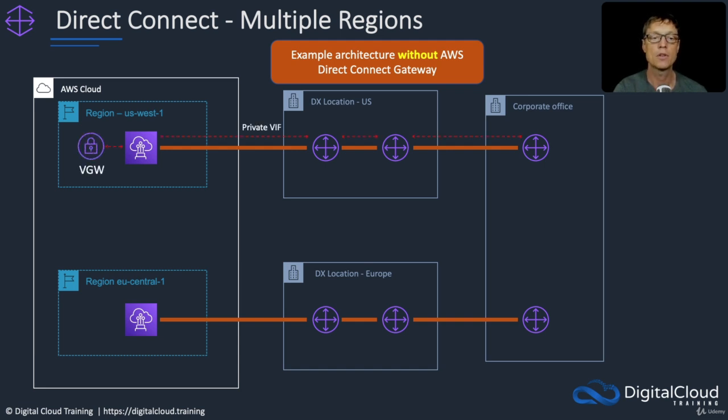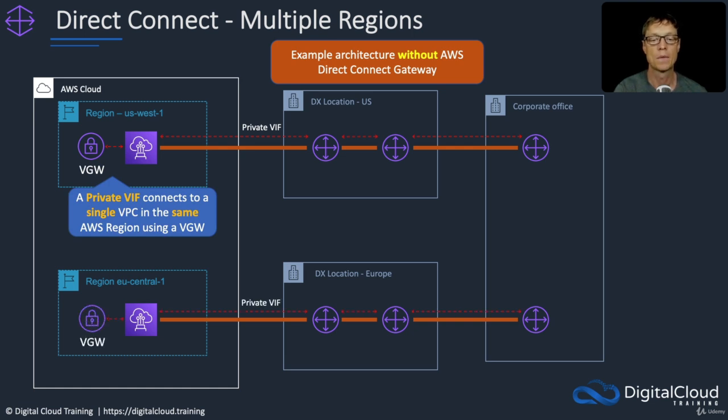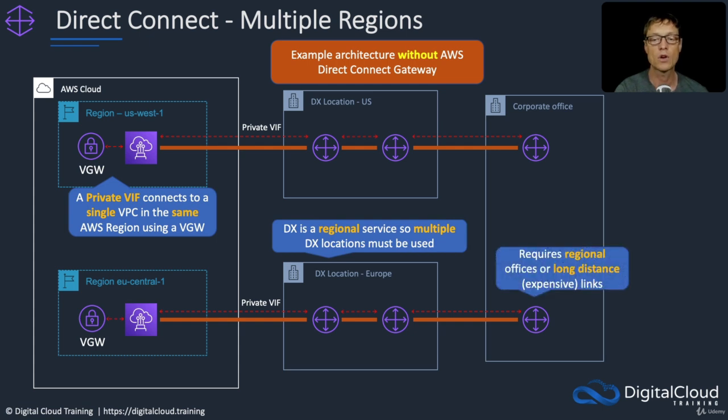You then must establish a private VIF, and that connects to a single VPC in the same region using a virtual gateway. We do the same in the second region. Now, DX is a regional service, so obviously multiple DX locations have to be used for this topology. And it also requires regional offices or long-distance expensive links.